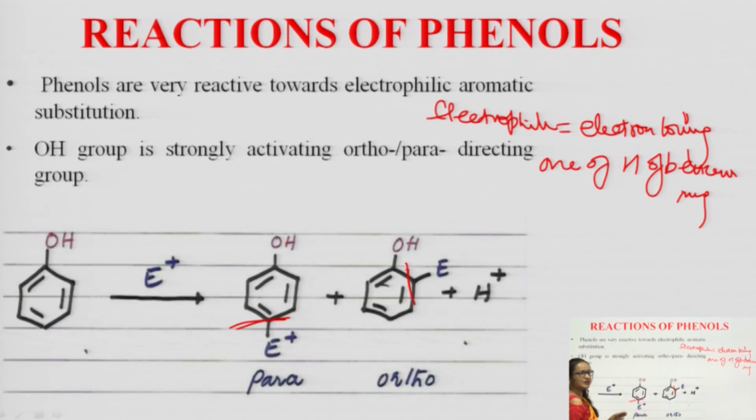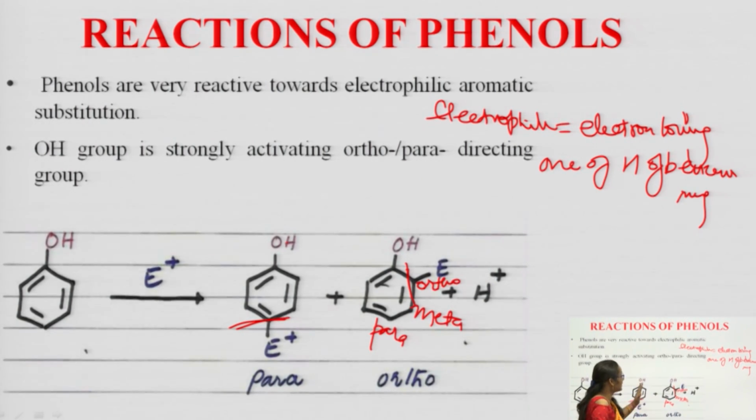Now the question is, what is this position and what is this position? This is OH. With respect to this OH, this is the ortho position, this is meta, and this is para. Getting my point?